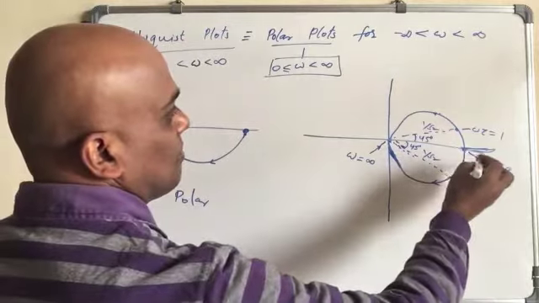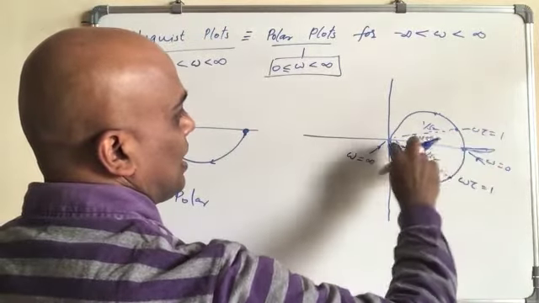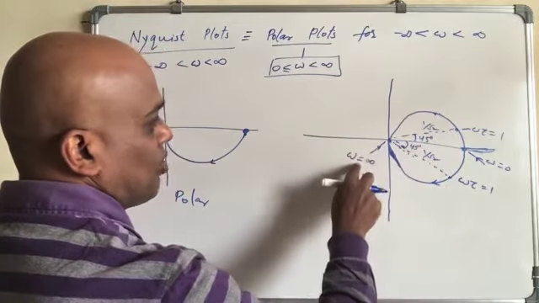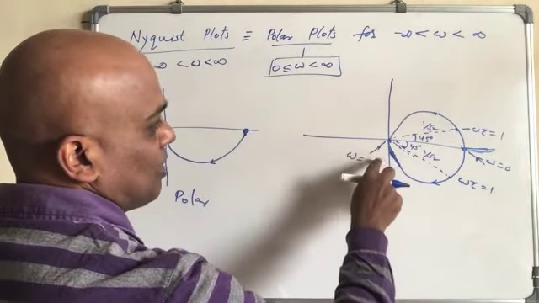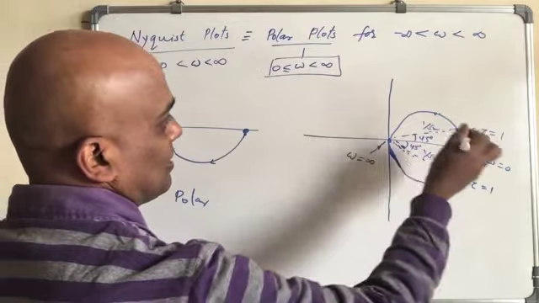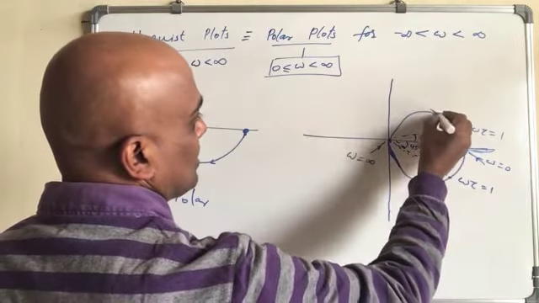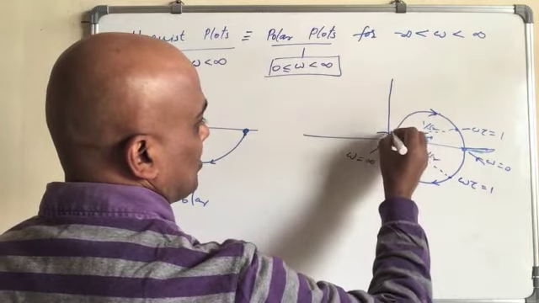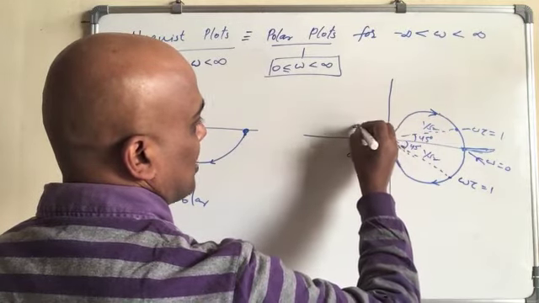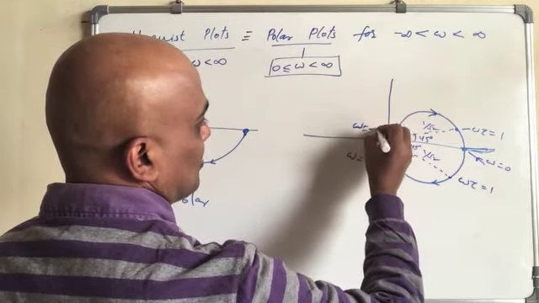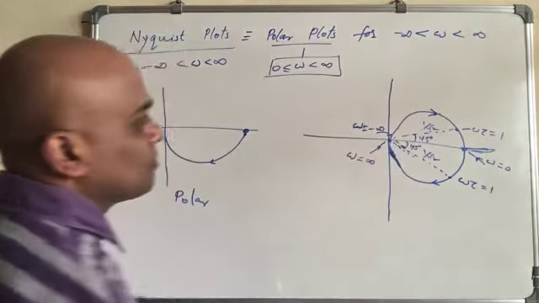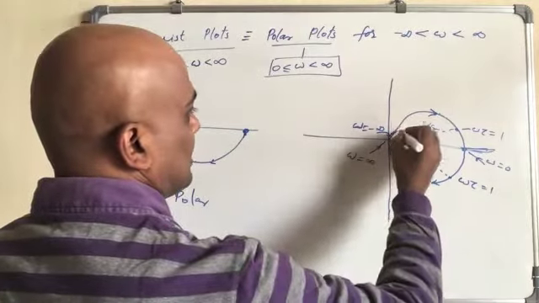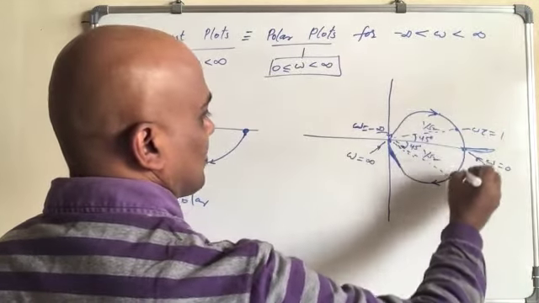So this point will have omega, and minus omega equal to minus infinity as well, and this is how it will be changing. Immediately here also it will be minus omega equal to minus infinity. So this is how it will go, like this.